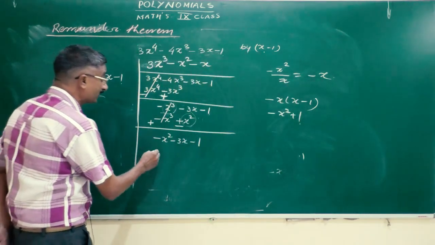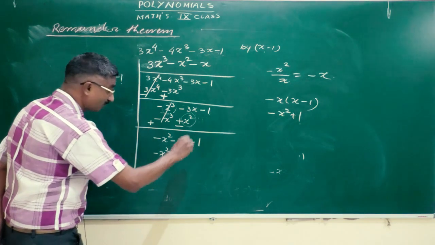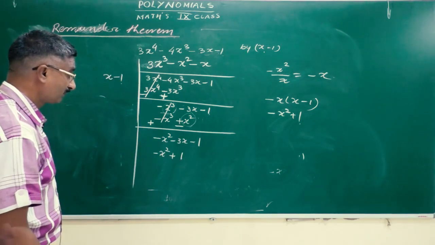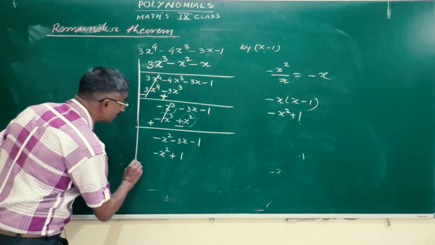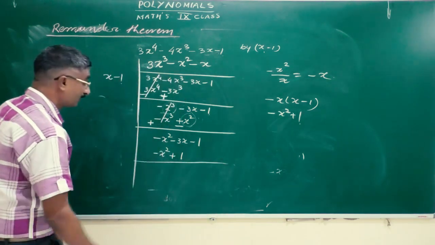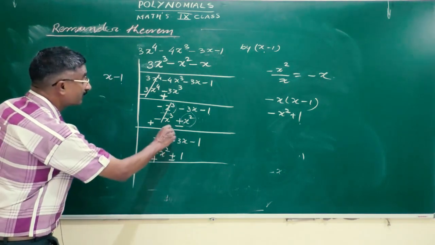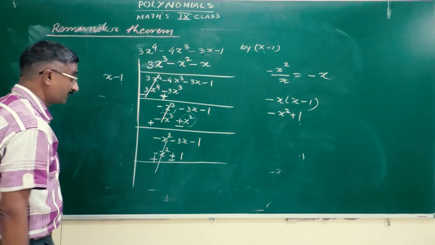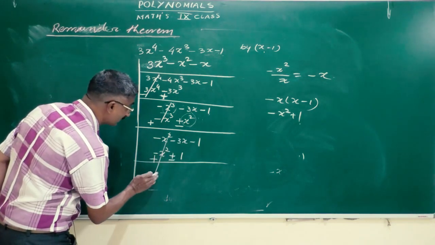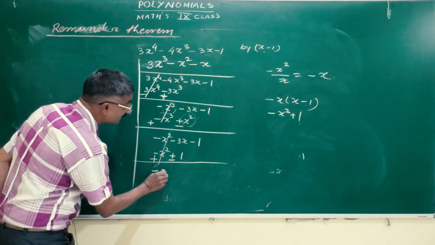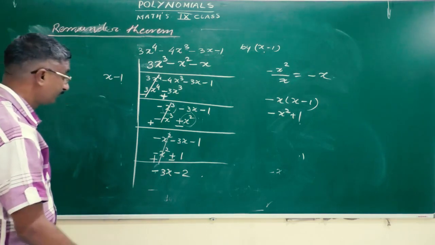So substituting here, minus x square plus 1. Clear? Minus x square plus 1. So here minus minus plus and this is minus. So this is cancelled. So again there is no term of x. So this is minus 3x minus 2.